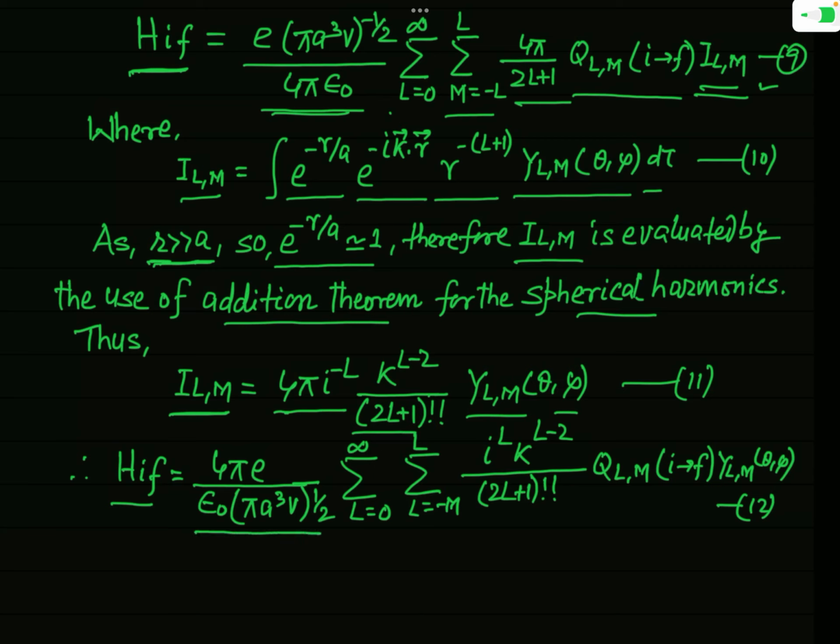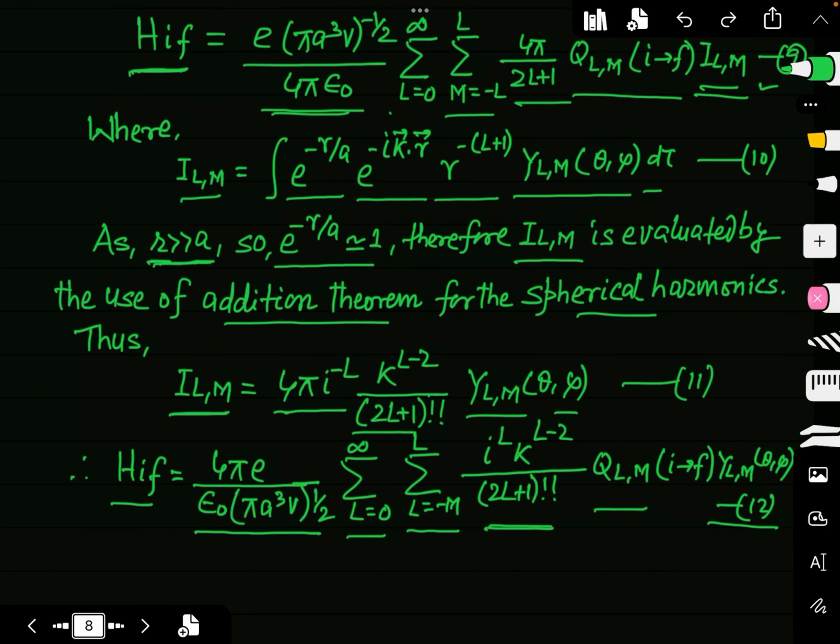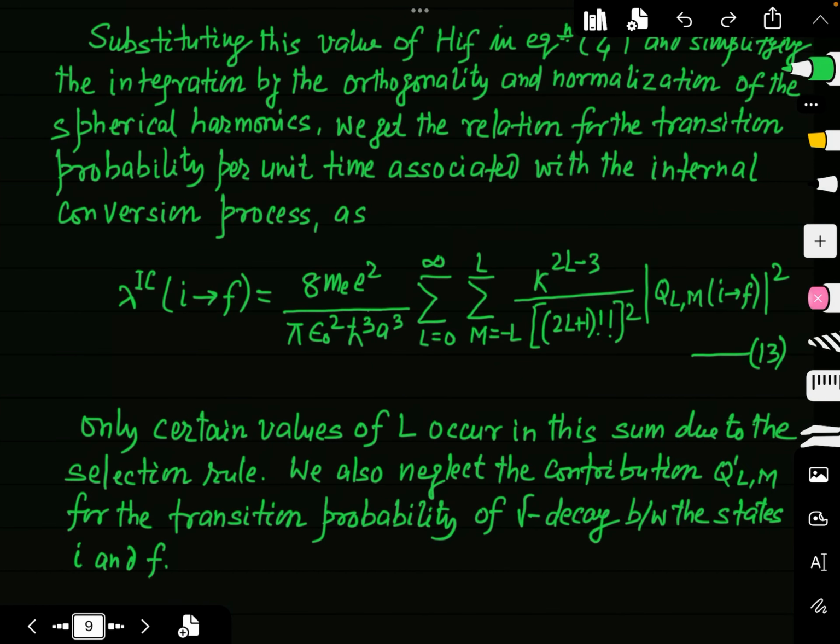This is 4 pi E over epsilon naught pi A cube V to the power half, summation L 0 to infinity, summation M minus L to L, times i to the power L times k to the power L minus 2 over 2L plus 1 double factorial, remember, and times QLM I to F YLM theta phi. Okay. So this will be the value of the matrix element.